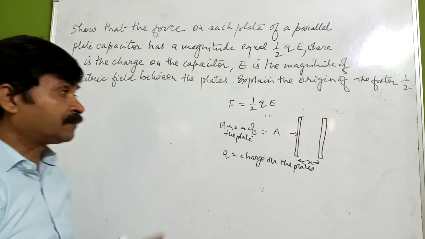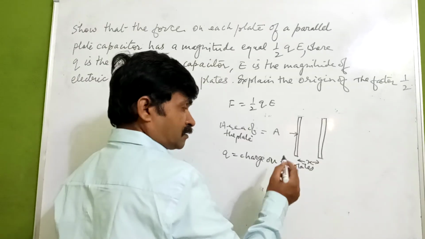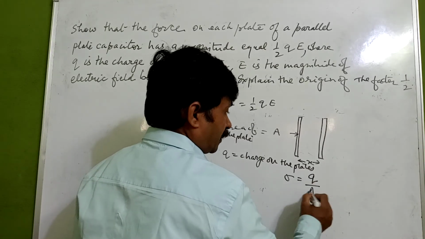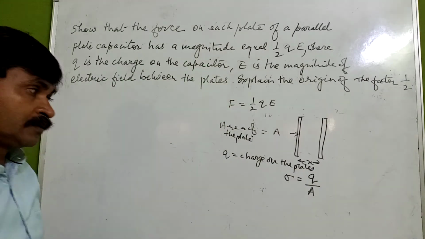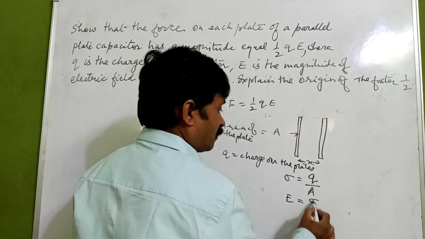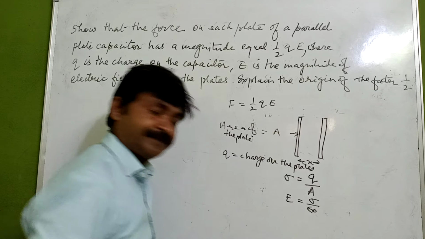Now if charge on the plates is there, means charge density will be there. Sigma is equal to Q upon A. Now we know that electric field is also having a relationship, sigma upon epsilon naught.